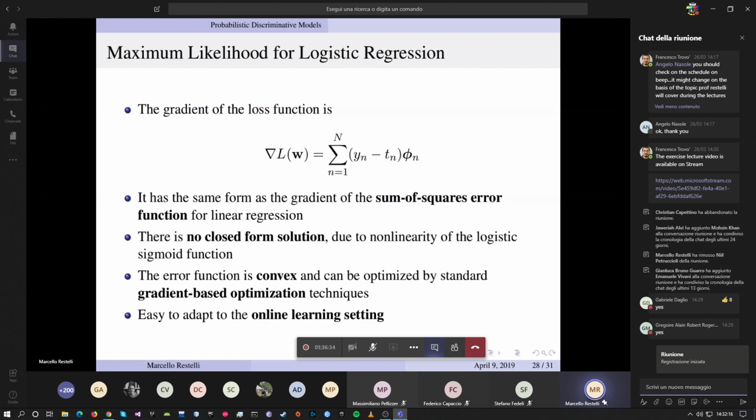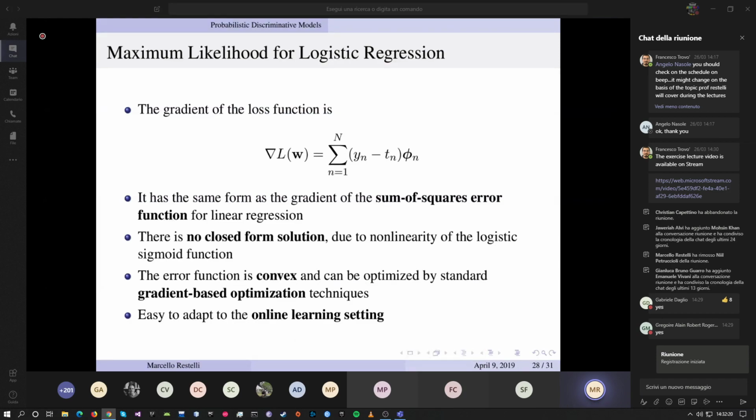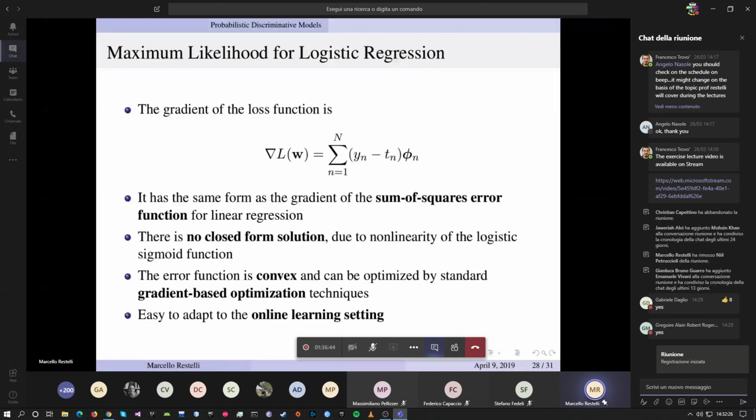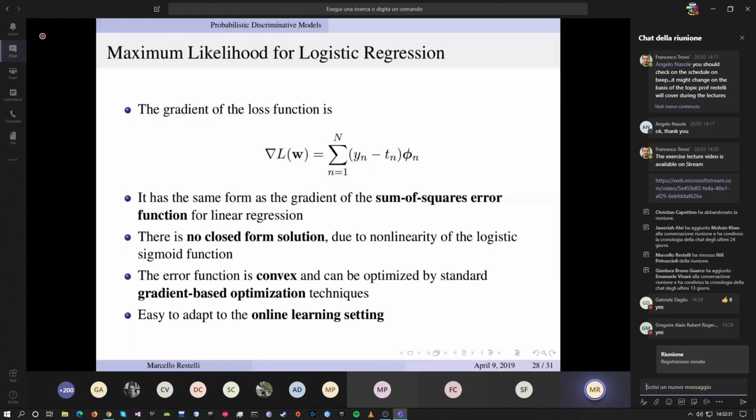We have seen also that, differently from linear regression, we do not have a closed form solution for logistic regression, but we can compute the gradient, and the optimization problem we have to solve is a convex problem. So by following a gradient ascent approach, we can find the global optimum of the problem.